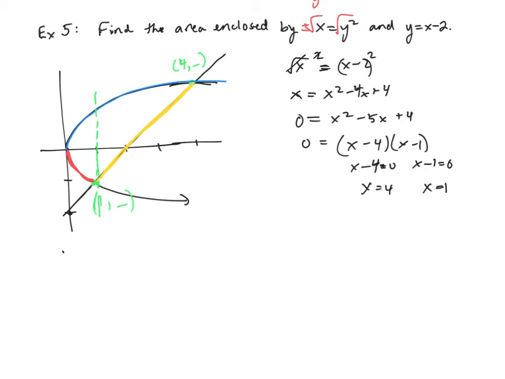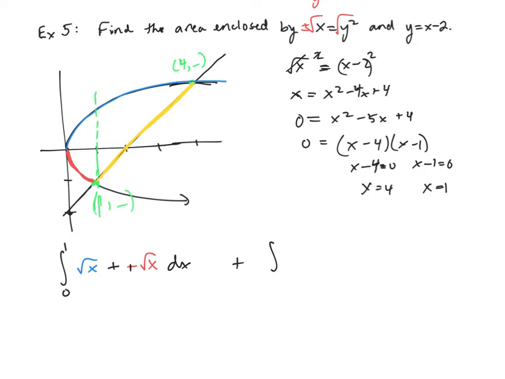So it looks like we're going to need two integrals again. I'm going to go from 0 to 1, and that's going to be my blue curve, which is y equals positive square root of x, minus my red curve, which is my negative square root of x. So obviously I'm going to go back and change that to plus, or positive.